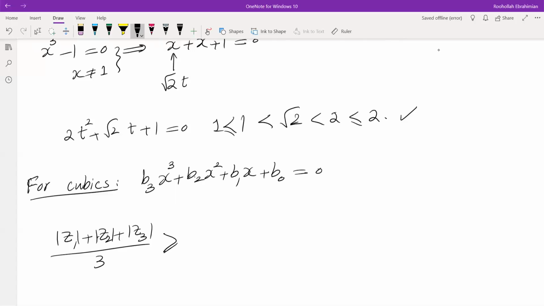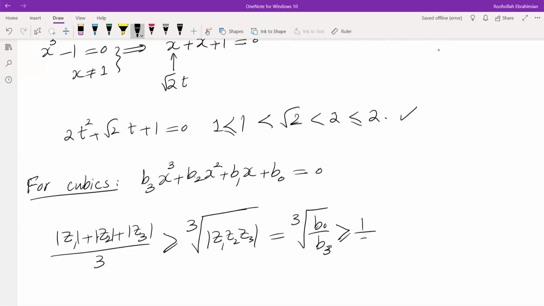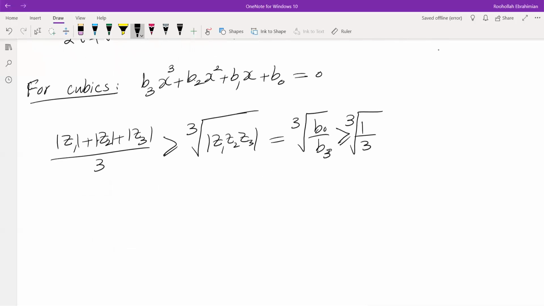And that's greater than or equal to the cube root of their product, which is the cube root of b0 over b3, which is greater than or equal to 1 over the cube root of 3. And then we can find an example by doing essentially the same thing.